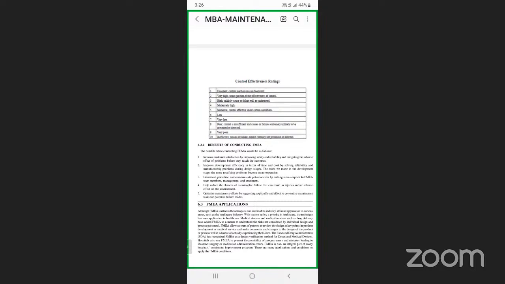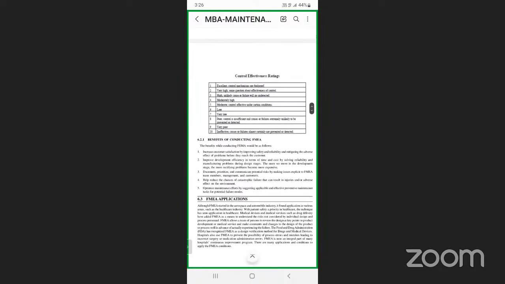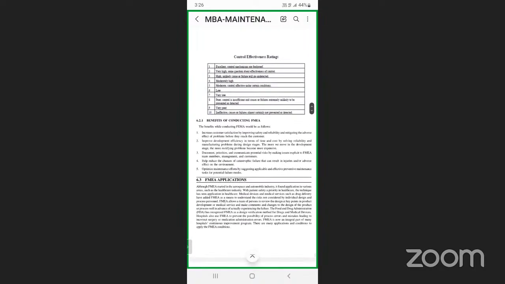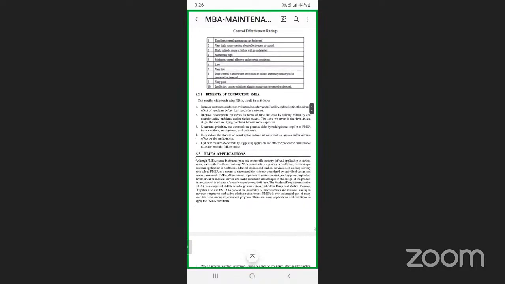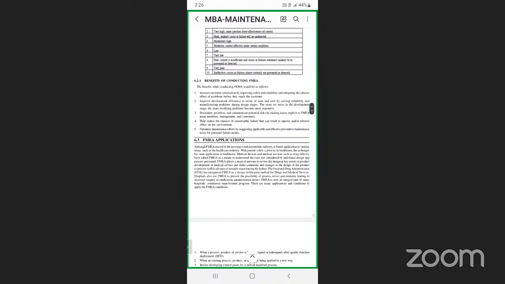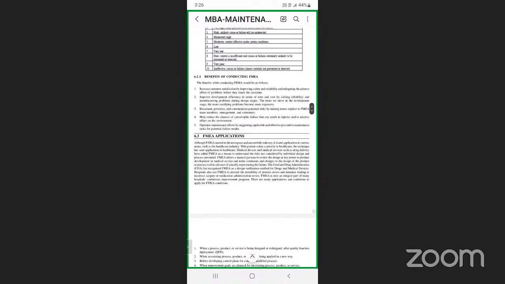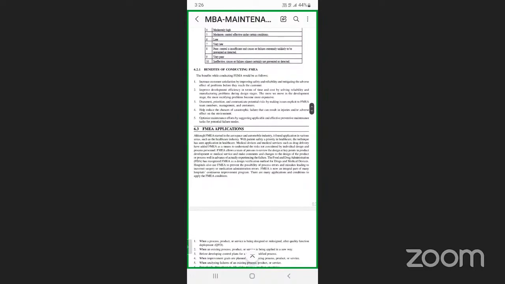Okay. What if a product is a new one? FMEA applications are given in your course materials, sir. You can see here the Food and Drug Administration has recognized FMEA as a design verification method for drugs and medical devices. Hospitals also use FMEA to prevent the possibility of process errors and mistakes leading to incorrect surgery or medication administration errors.